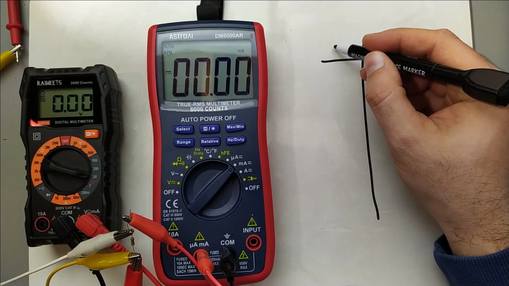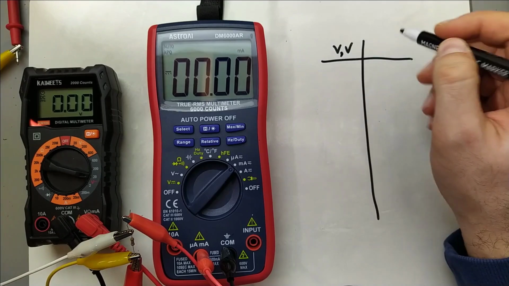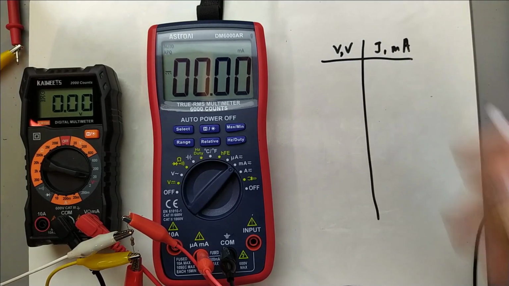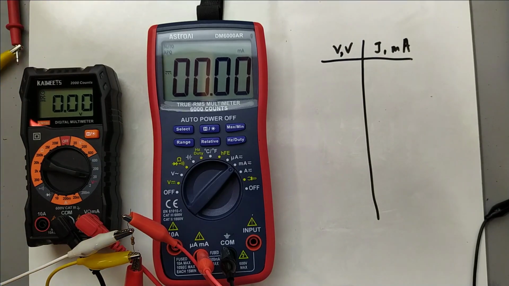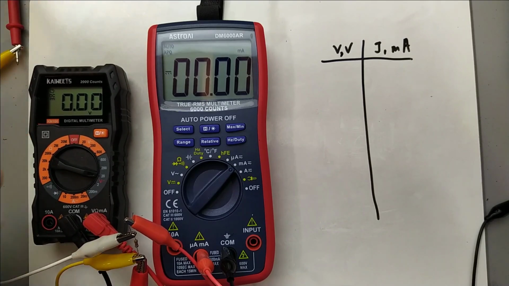So this is voltage in volts, and here is current in milliamperes. So we can start increasing the voltage at the power supply and monitor what's happening here.